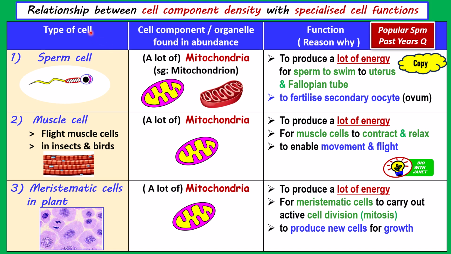So this table shows you the type of cell, the cell component or organelle found in abundance, and the reason why, related to the function of the cell. So these notes here are often tested in the SPM past year's question. This topic is often tested.